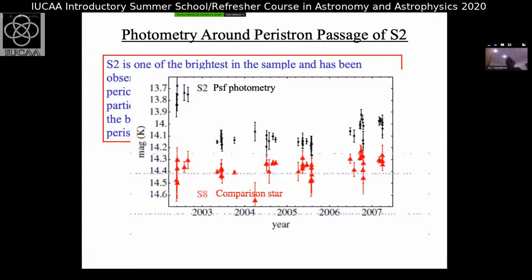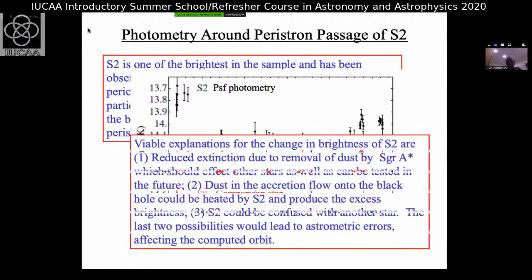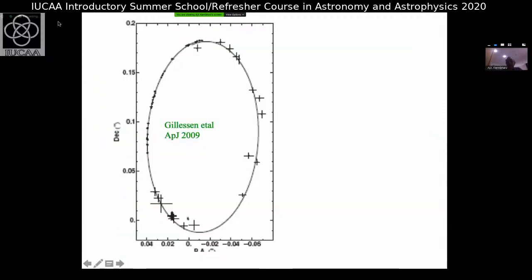So let's move forward now to another modern result. This result is 2009, where they further followed the ellipse. And what do they find here? Just look at the point where my cursor is. You'll see that the ellipse is not closing on itself. And things are so precise that you can say that this non-closing is not because of the error of measurement.